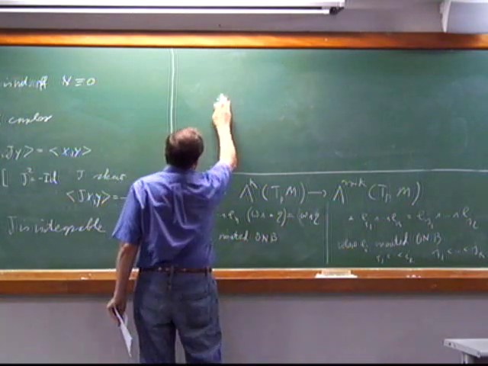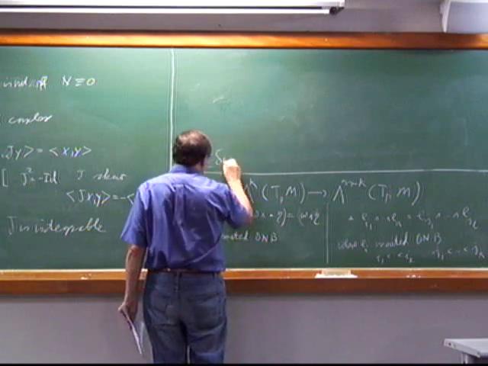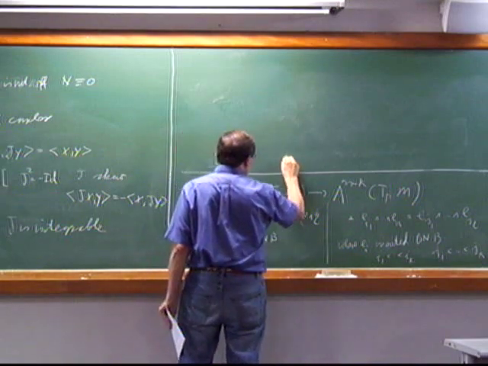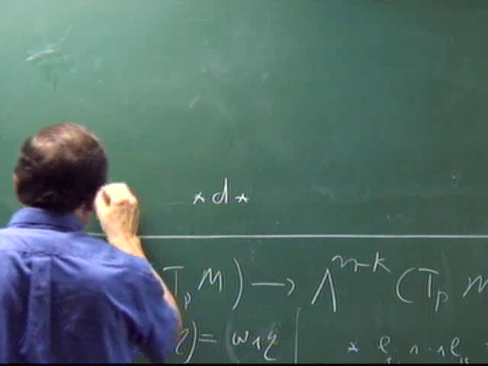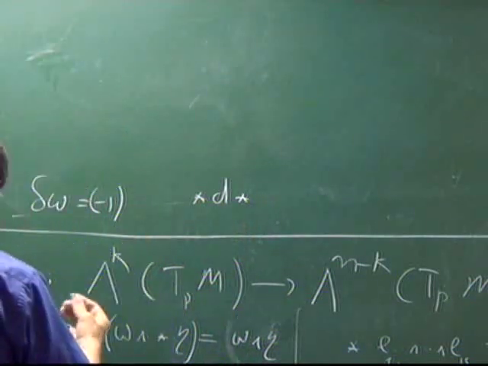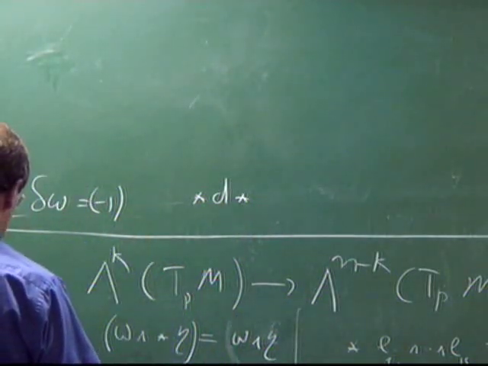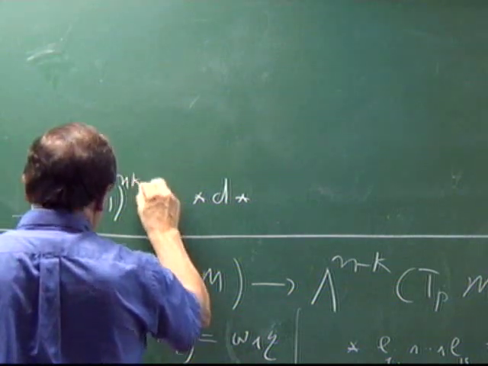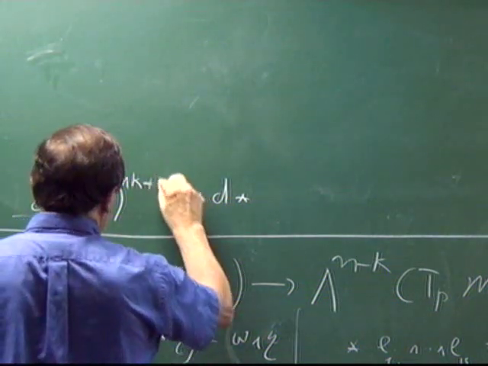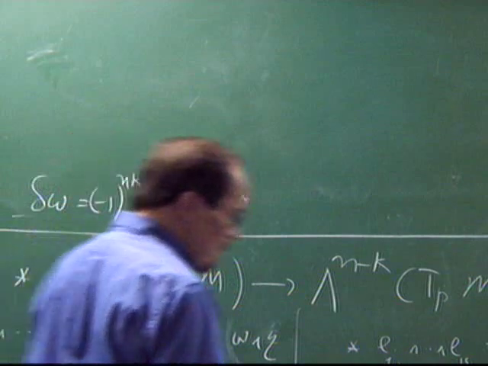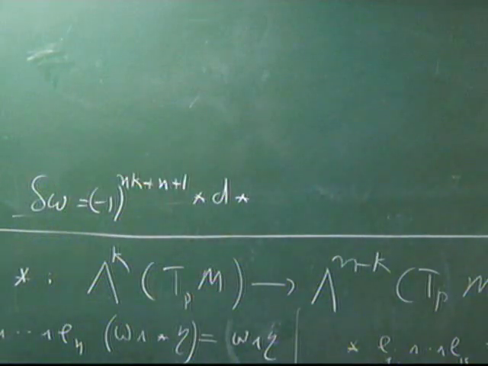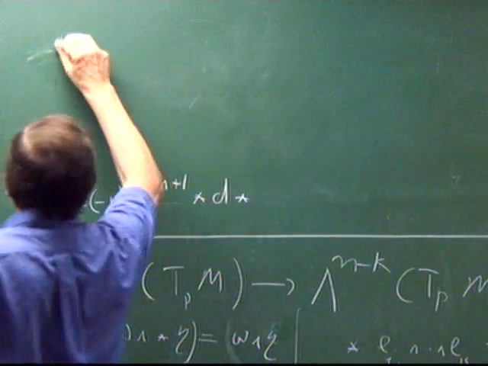Well, forget the invariant form, but certainly one form is that delta is equal to star d star with a sign, and the sign makes the duality work, something like n k plus n plus 1. And with respect to that, this duality is true. Right? And now there's a formula for delta omega.